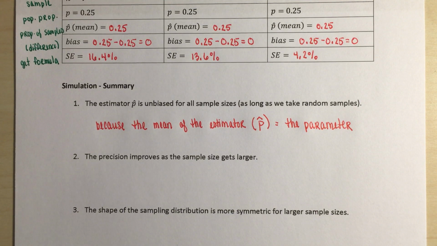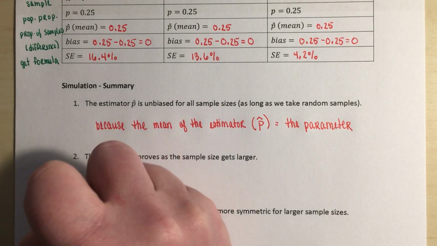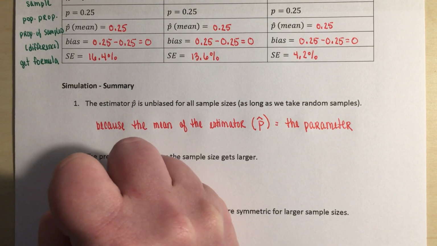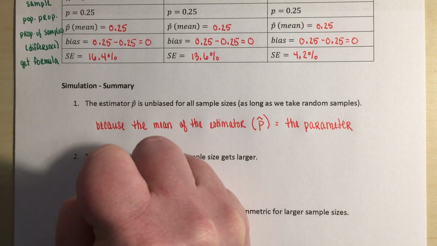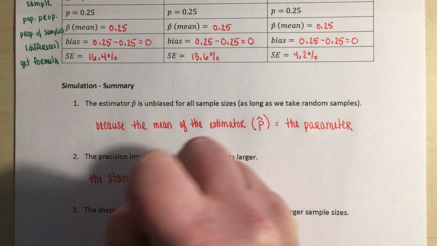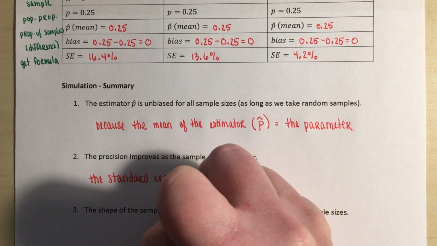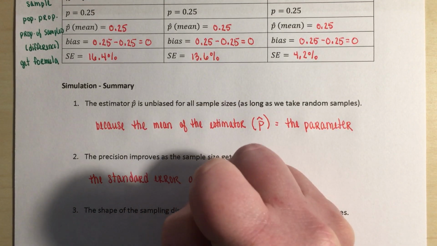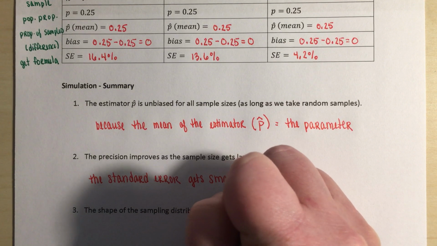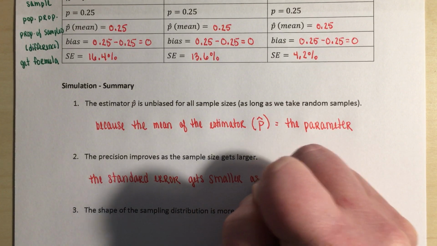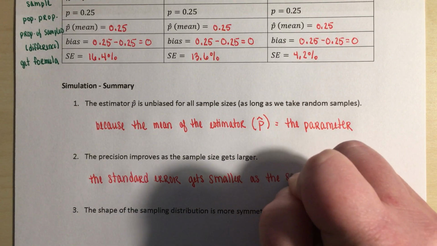They were all equal. The precision improves as the sample size gets larger. That is because the standard error gets smaller as the sample size gets larger.